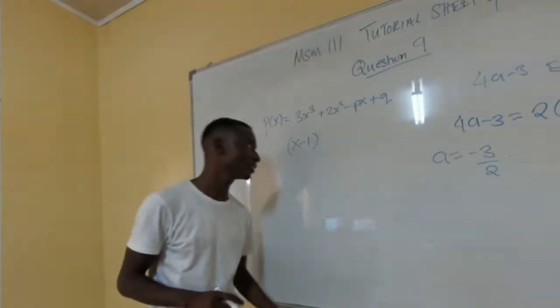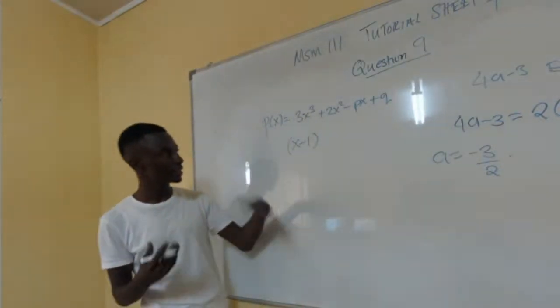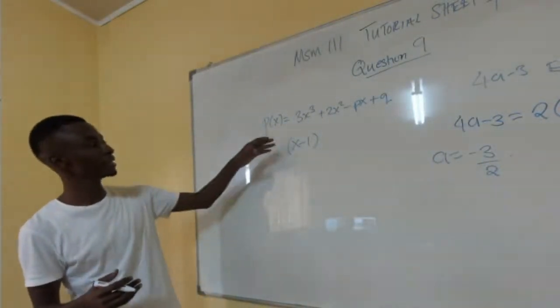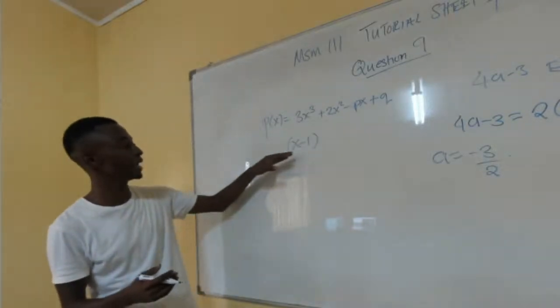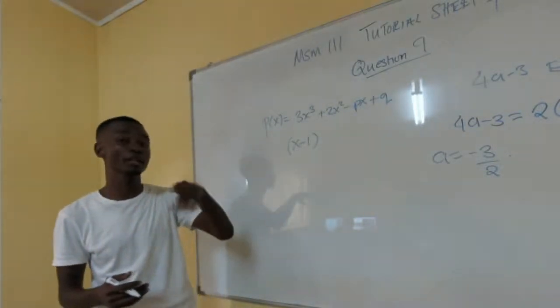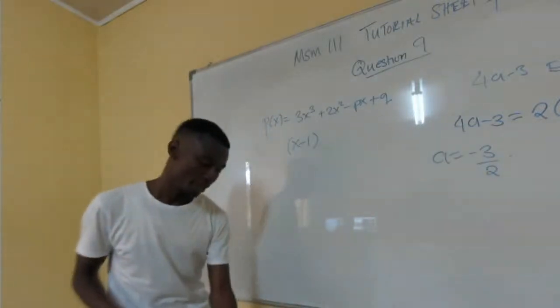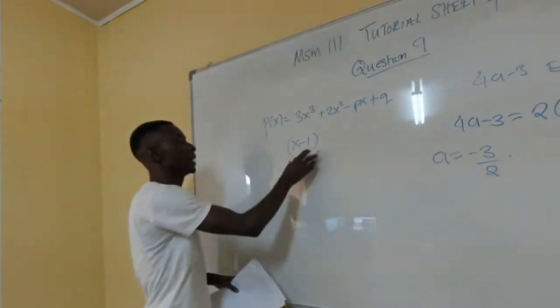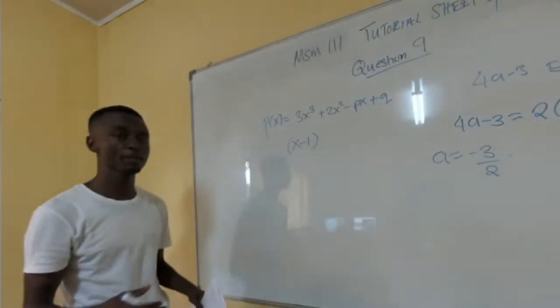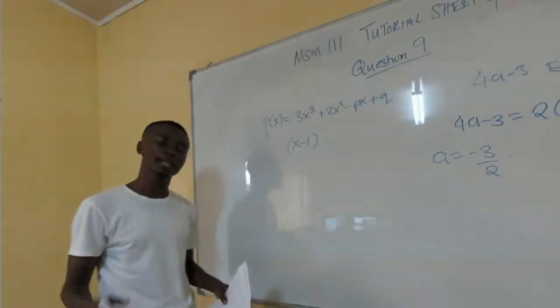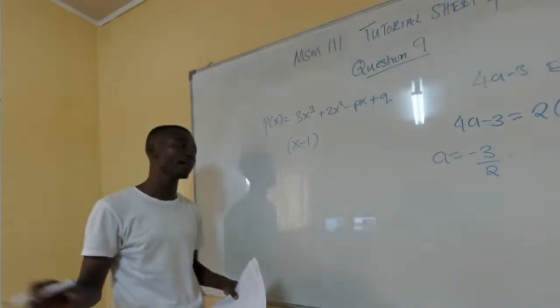So here, the question has changed. So here they've just said it is divisible by x minus 1. So just know that your remainder is what? Your remainder is 0. So it is just divisible by this without giving us the remainder. So if the remainder is not given, just know that the remainder somewhere there is 0.